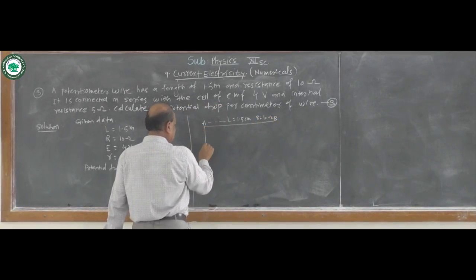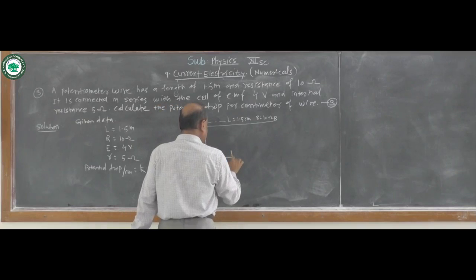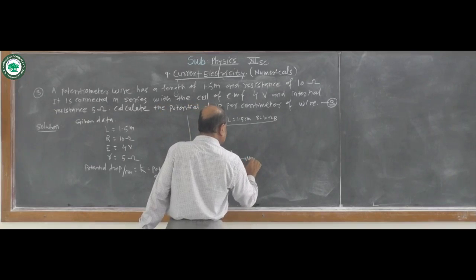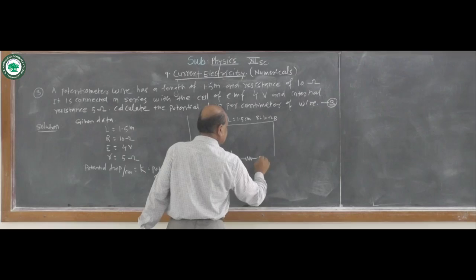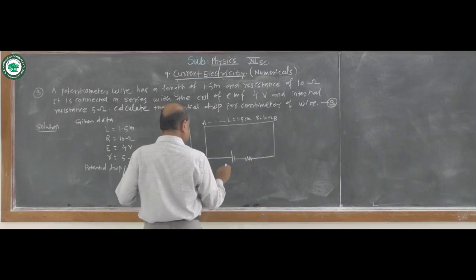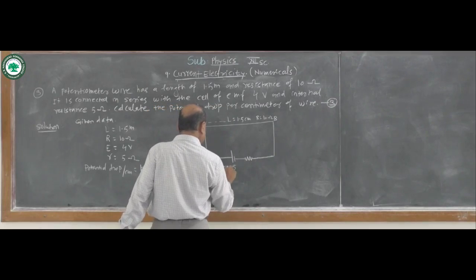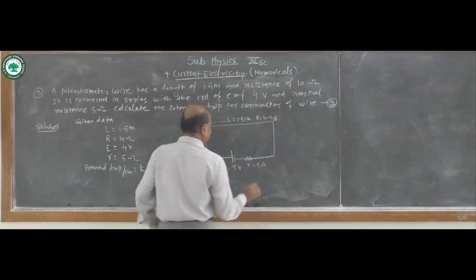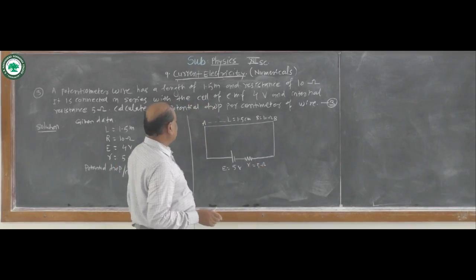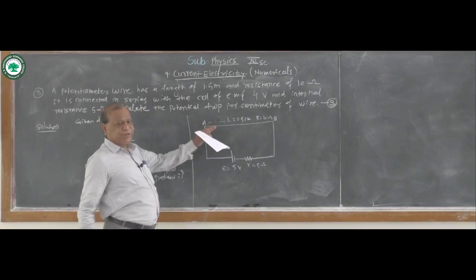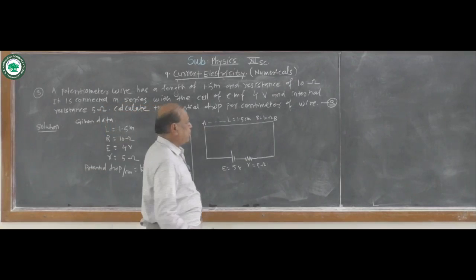Now this is connected to a source of EMF E with internal resistance r, like this one. Here the value of E is 4 volt and r is equal to 5 ohm. Now we have to calculate the potential drop per centimeter of this wire.